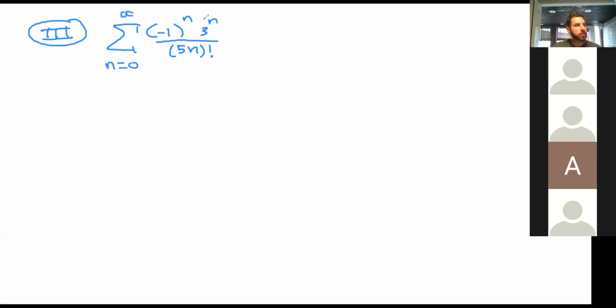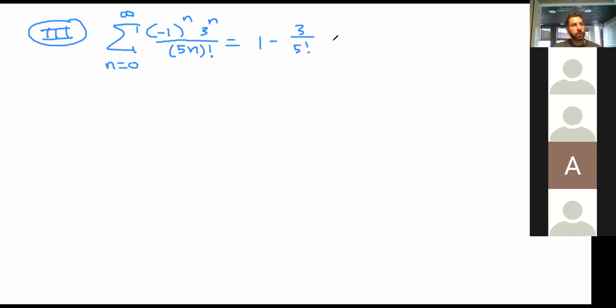So this is shorthand for the following series. When n is 0, we get 1. Excuse me, I lied. We don't get 1, we get -1. Oh, no. When n is 0, we get 1. Who am I kidding? Yeah. And then when n is 1, you get minus 3 over 5 factorial.